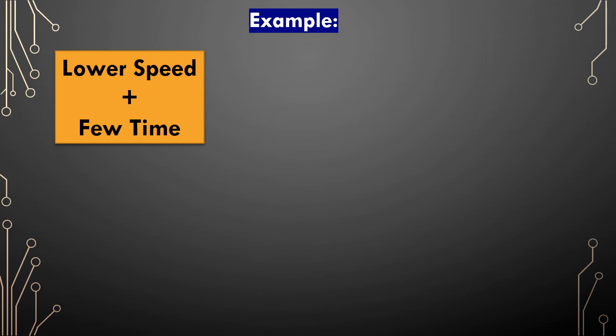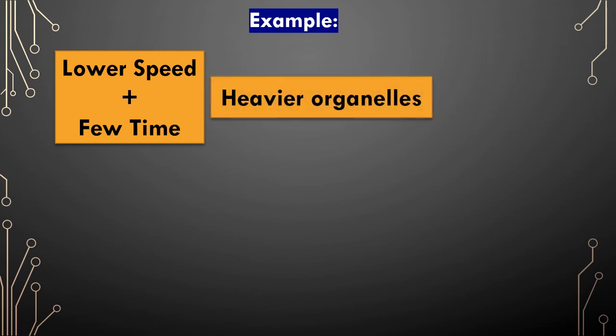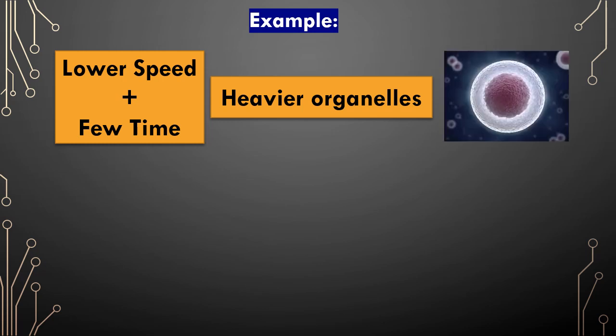For example, with lower speed and little time, for example 10 minutes, we can have the heavier organelles in the pellet. This means we can separate the heavier organelles from the other ones, for example, the nucleus.